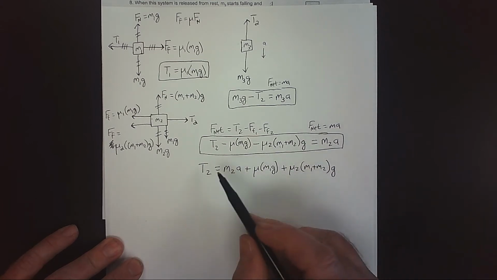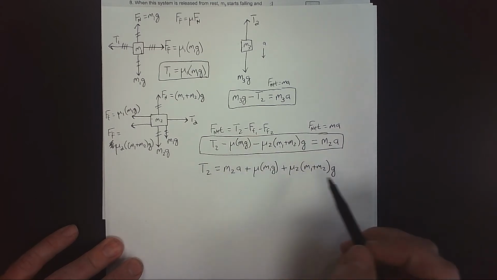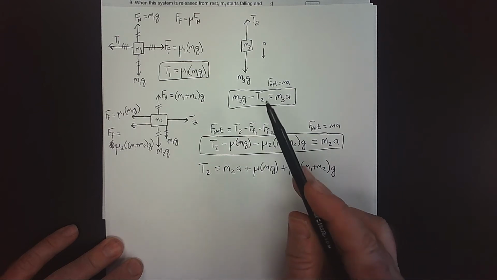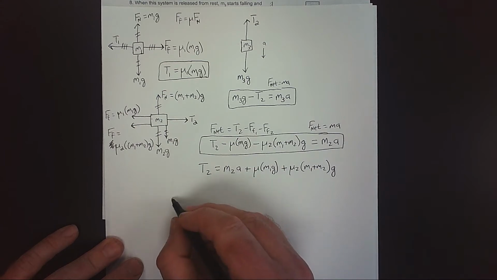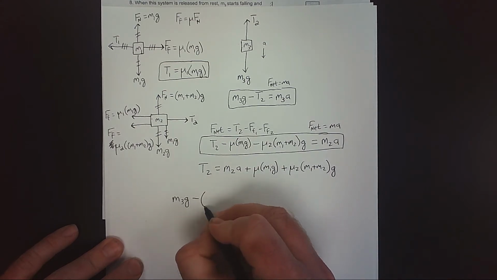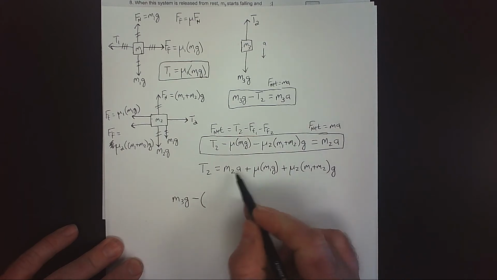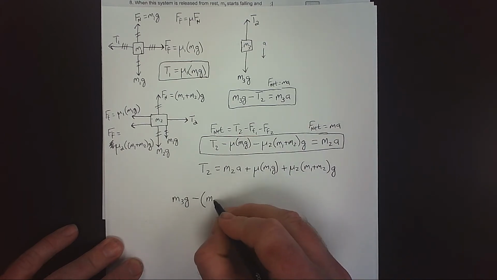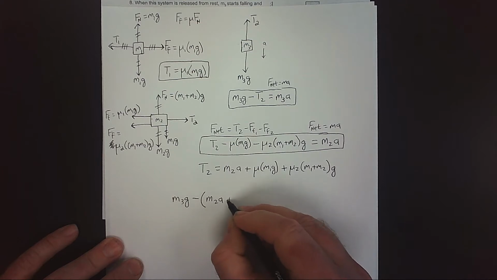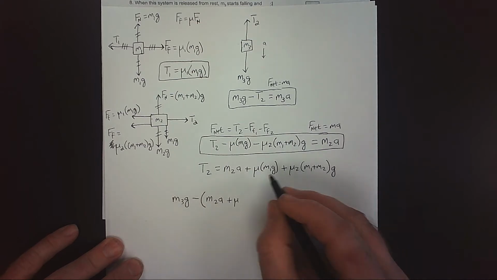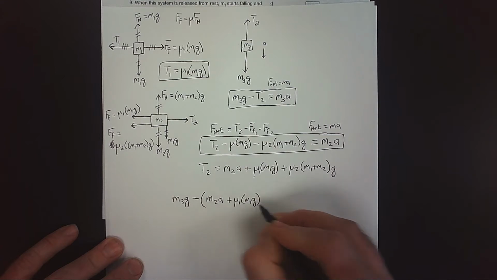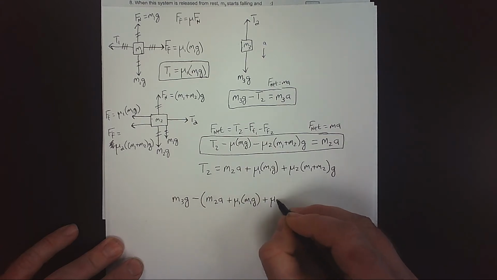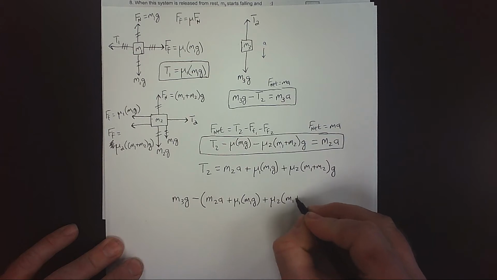And now I can take this giant thing, which is all equivalent to t2, and I can sub it in up here for t2. And so ultimately I'm going to end up with m3g minus, and then this whole thing right here, which is all equivalent to t2. So I got m2a plus mu1 m1g, oh, I forgot the mu1 up there, plus mu2 (m1 plus m2).